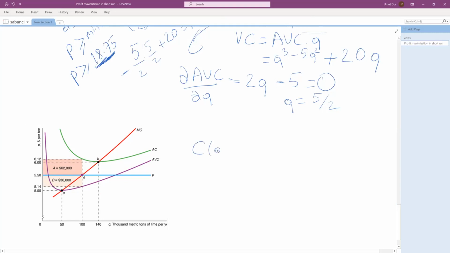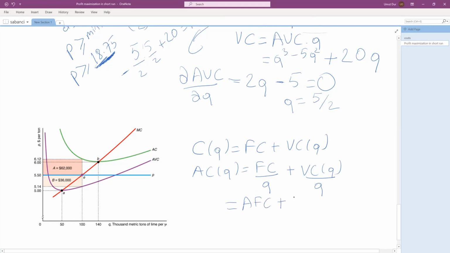Okay, the cost is fixed cost plus variable cost. And the average cost is fixed cost divided by quantity plus variable cost divided by quantity. Here I call this the average fixed cost plus average variable cost.